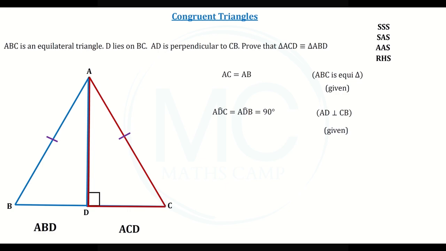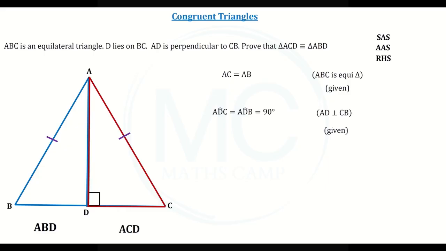Now let's have a look at the possible reasons at the top of the page. We have just found one pair of corresponding sides that are equal and one pair of corresponding angles that are equal. We have an angle and a side, so we are not going to use three equal sides as a possible reason. So let's take SSS out of our list.